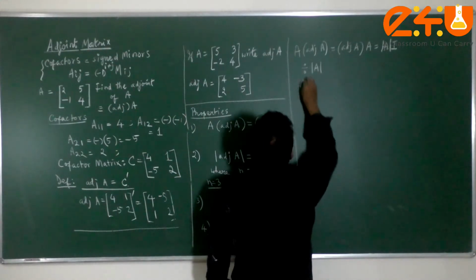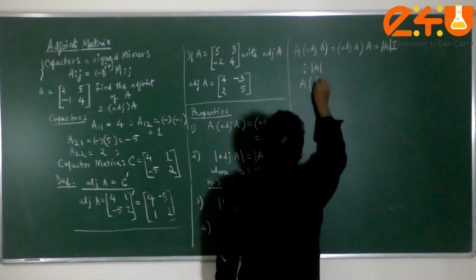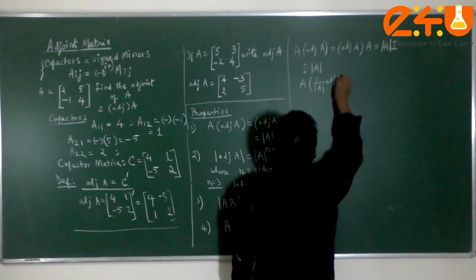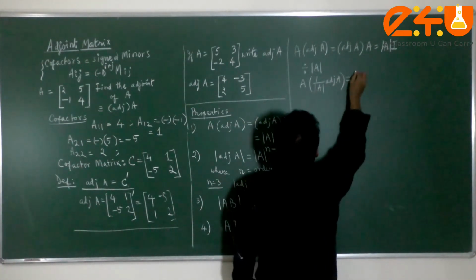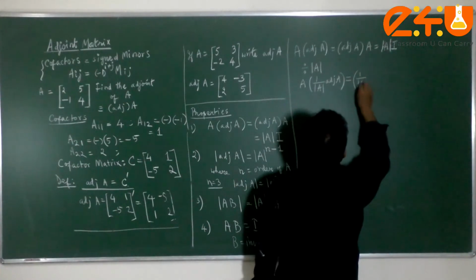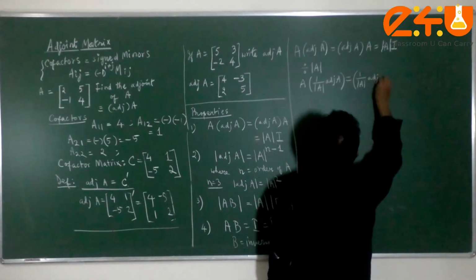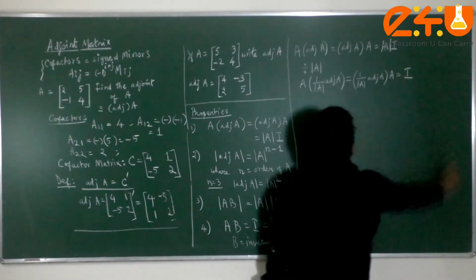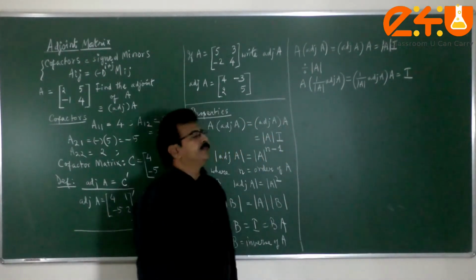So what happens is A into 1 by mod A times adjoint A is the same as 1 by mod A times adjoint A times A, which is the I matrix only.